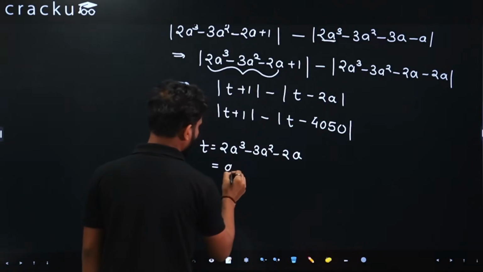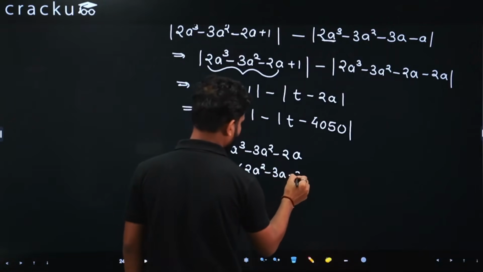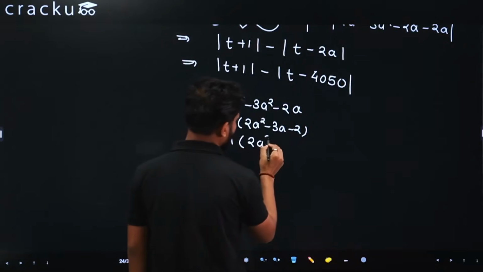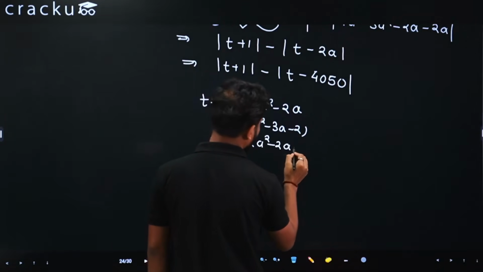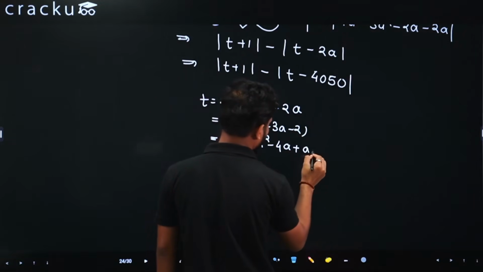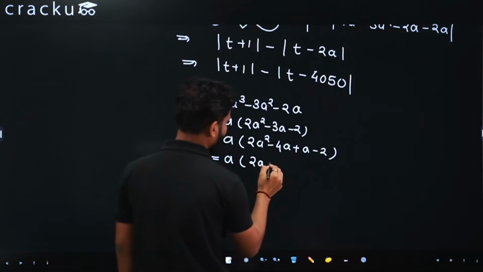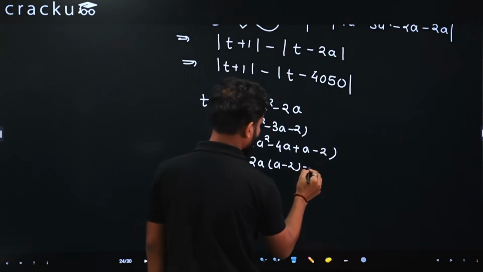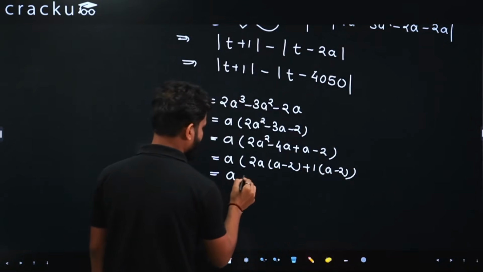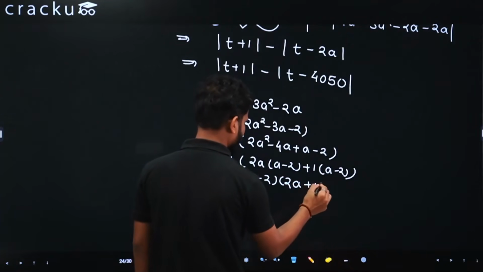If you take a common, you will get a times 2a square minus 3a minus 2. This is nothing but 2a square minus 4a plus a minus 2, or 2a into a minus 2 plus 1 into a minus 2, right? This is a into a minus 2 into 2a plus 1, right?